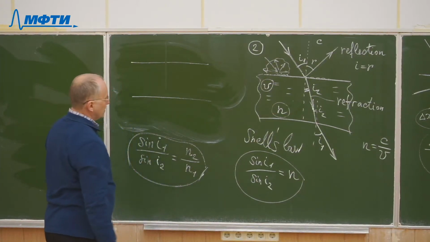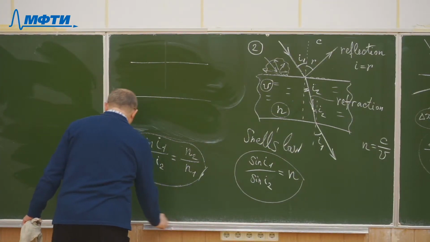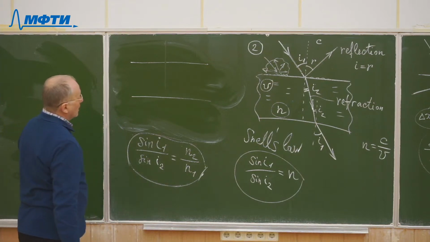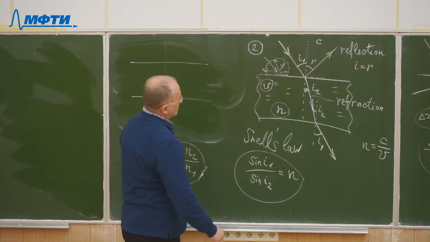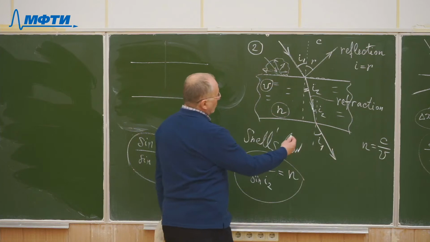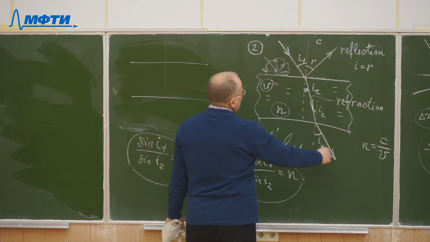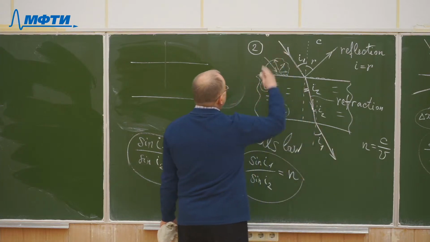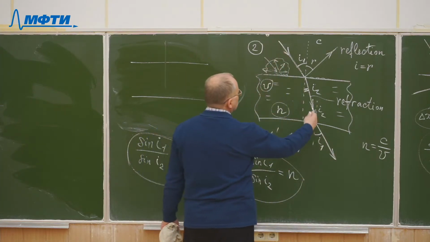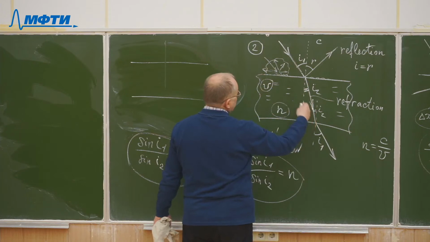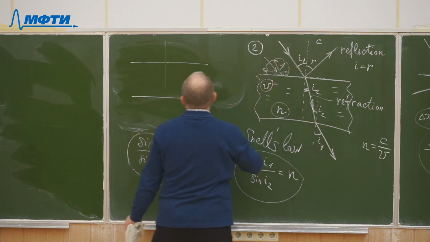This is the normal to the medium. And we allow for the light beam to go in the upward direction, from the glass plate, for example, into the air.